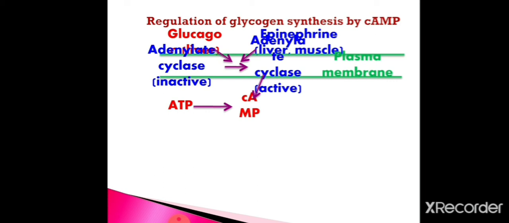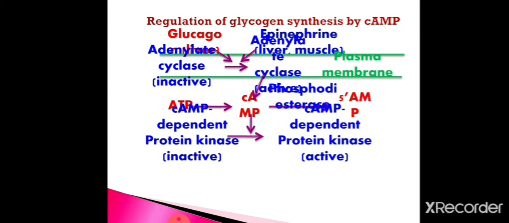Now cyclic AMP will convert inactive protein kinase to active protein kinase. This active protein kinase will convert phosphorylase kinase, which was in the inactive, dephosphorylated form, to active phosphorylase kinase, which is the phosphorylated form.